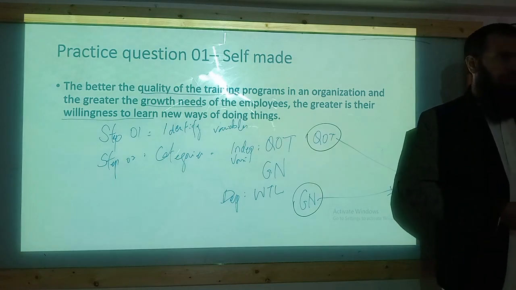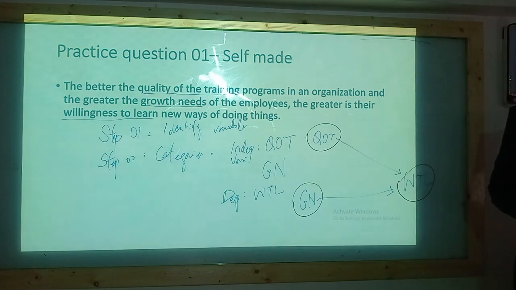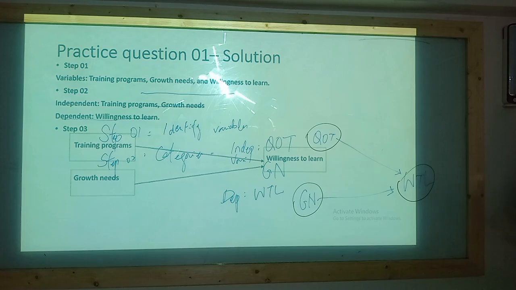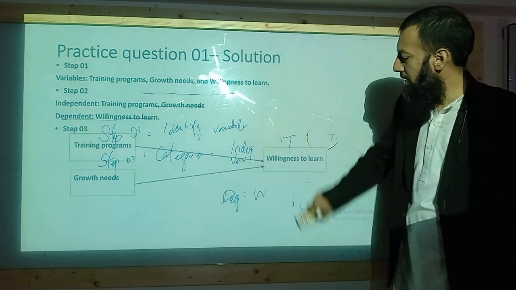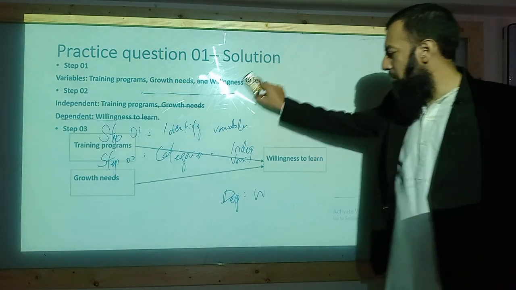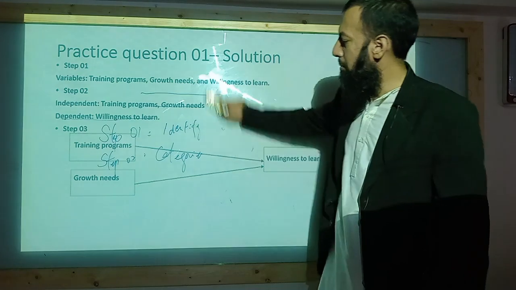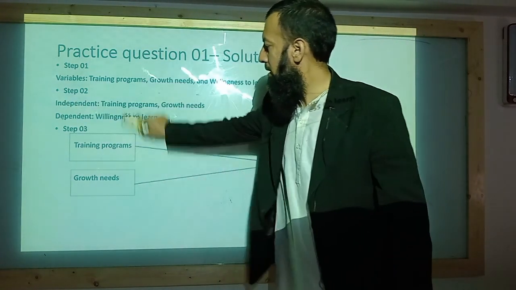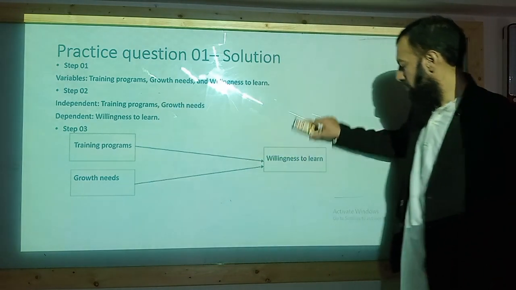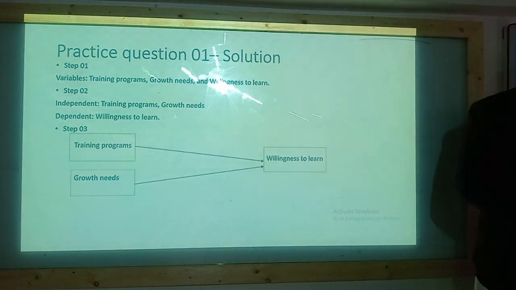So these are the three steps which we discussed before. This is the same thing whose solution is available in your slides, so you may study that. Now we are moving ahead to the moderating and the mediating variables. First we will move to the moderating, then mediating.